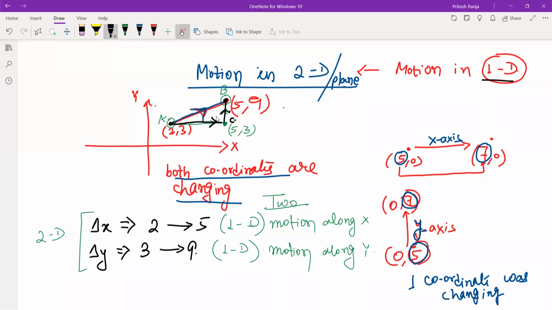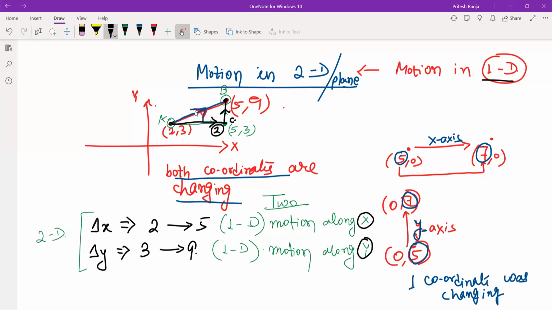Both are same, both give same displacement. So it's better to analyze this way using the second path because this is involving the concept of one-dimensional motion along x and y, and this simplifies the situation.